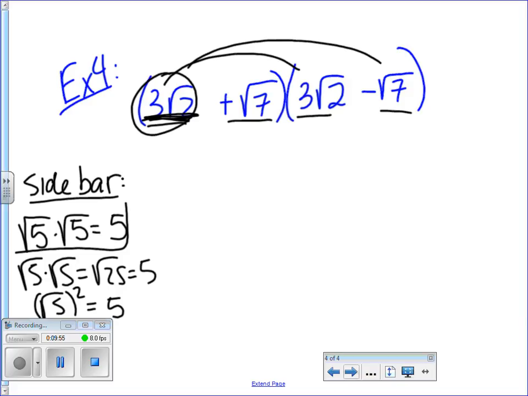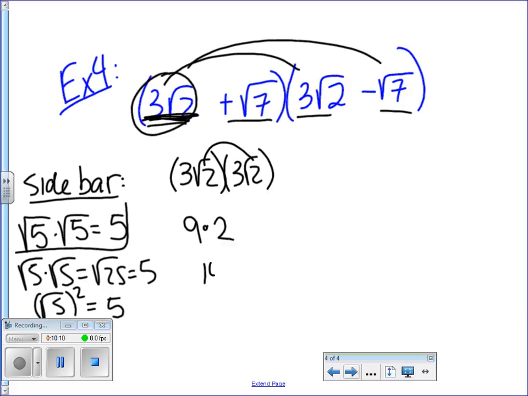Okay, when I multiply 3 radical 2 and 3 radical 2, I get 9 times 2. Here's where this idea comes in. Radical 2 times itself is just 2. So that's 18. Now I'm going to multiply through radical 2 with negative 7.